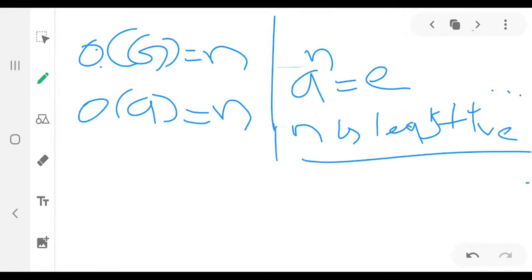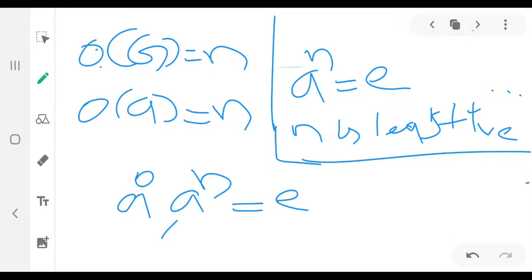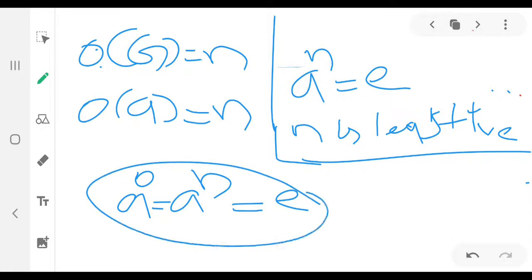That means ഇതിൽ ഏതൊക്കെയാണ് E ആവുള്ളൂ? A raised to n ന് മുന്നേ A raised to 0 മാത്രമേ E ആവുള്ളൂ. ഓക്കെ, അപ്പോൾ A raised to 0 is equal to A raised to n is equal to E ആവും. ഇതിന് ഇടയിലുള്ള ബാക്കിയുള്ള A raised to 1, A square etc., A raised to n minus 1 വരെയുള്ളത് not equal to E ആയിരിക്കും. ഓക്കെ, ഇതാണ് ഇതിൽ നമുക്ക് മനസ്സിലാക്കാനുള്ളത്.